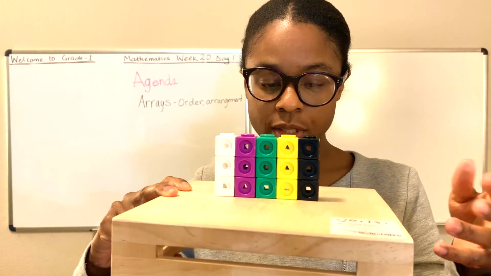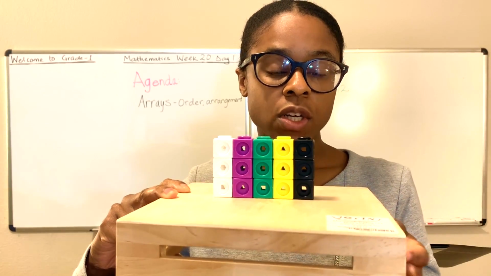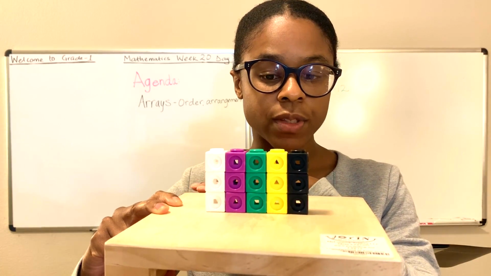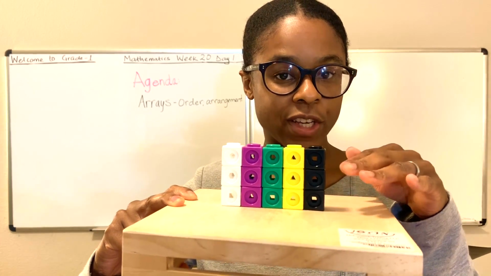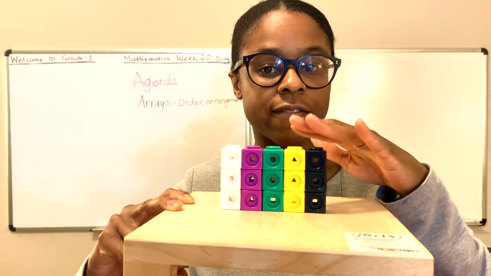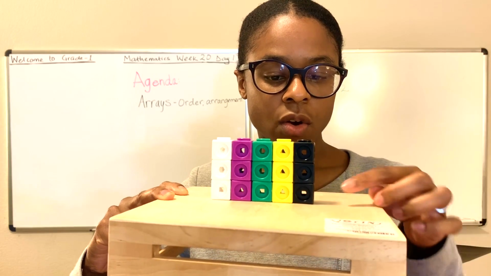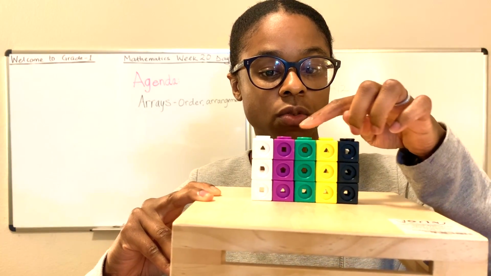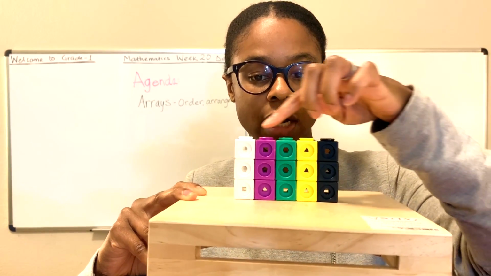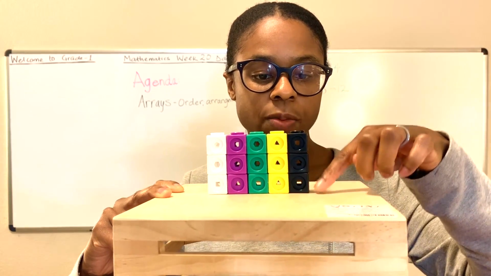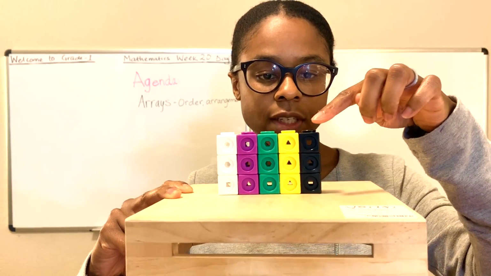How many cubes in each group? There's 1, 2, 3 cubes. So before there were 5 cubes, 3 groups. Now there are 3 cubes, 5 groups. So we'd say 5 times 3. 1, 2, 3. 1, 2, 3, 4, 5. So this represents 5. This represents 3. 5 times 3.